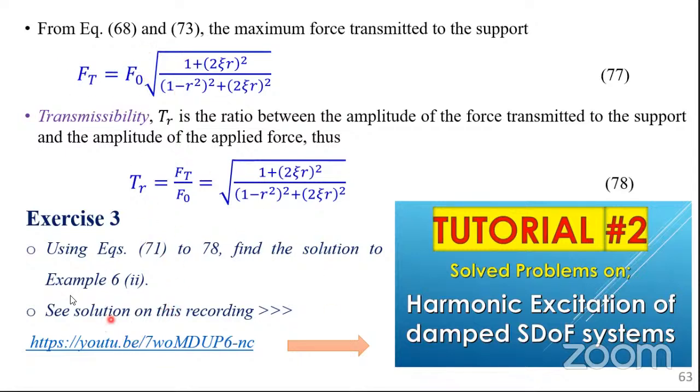So for the solution to this, you can look at this tutorial. At the same time, you can look at the problem in our main reference, by Mario Paz. For those who may not remember the references, if you go to the description below this video, you are going to see the reference book that we are using.